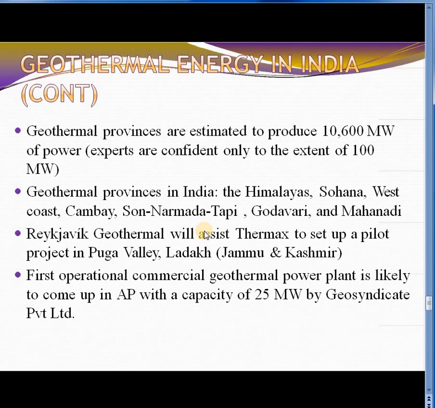The geothermal province of India has an estimated power generation of 10,600 megawatts, and this extracted power is at least 100 megawatts of generation. So just now we have seen on the map the areas which have geothermal generation in India: the Himalayas, Sohana, West Coast, and also Jammu and Kashmir.